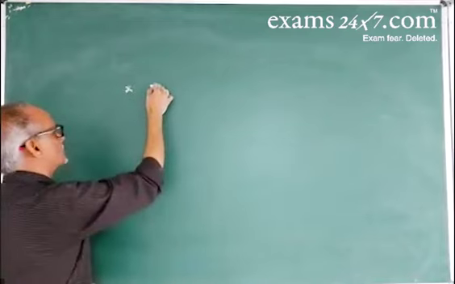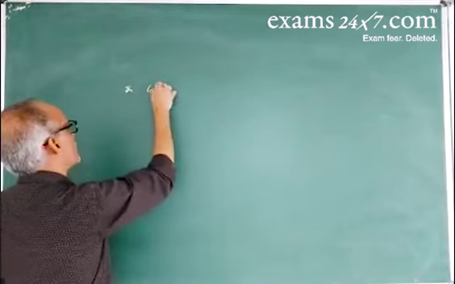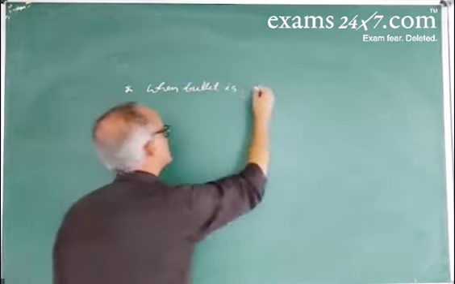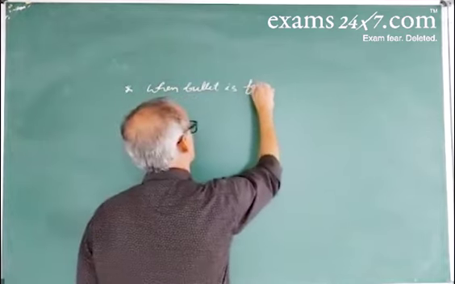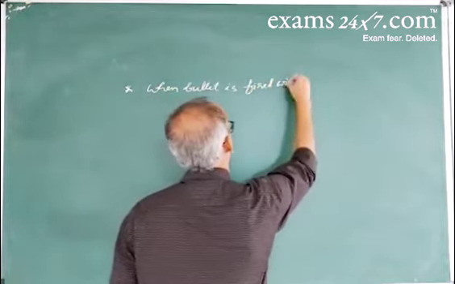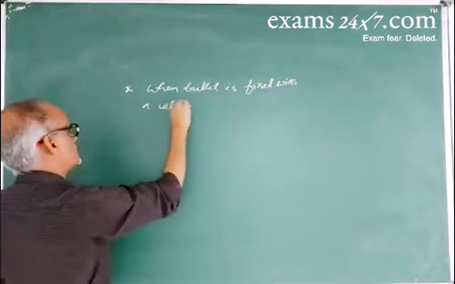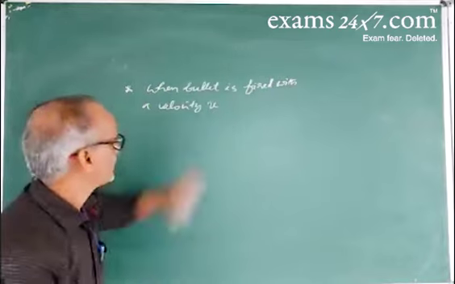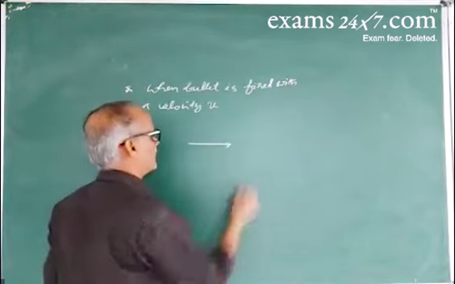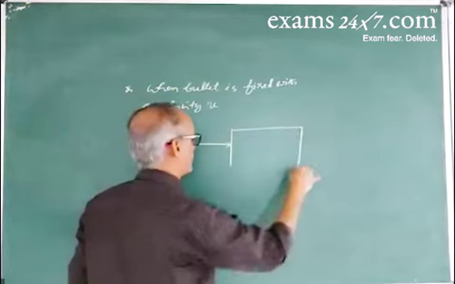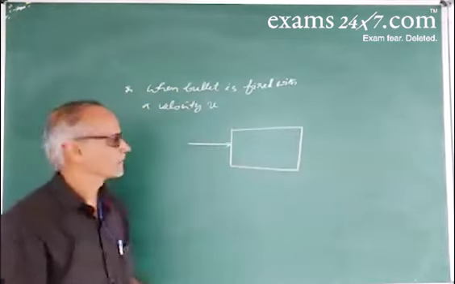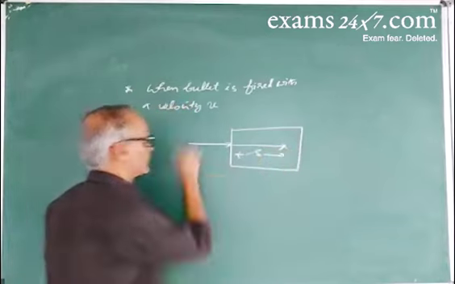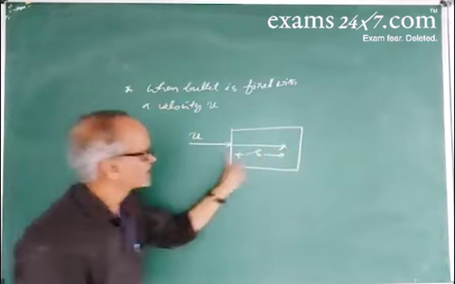So let's consider a situation where a bullet is fired with a velocity u, and if it penetrates a block through a distance s, where u is the velocity and s is the distance.